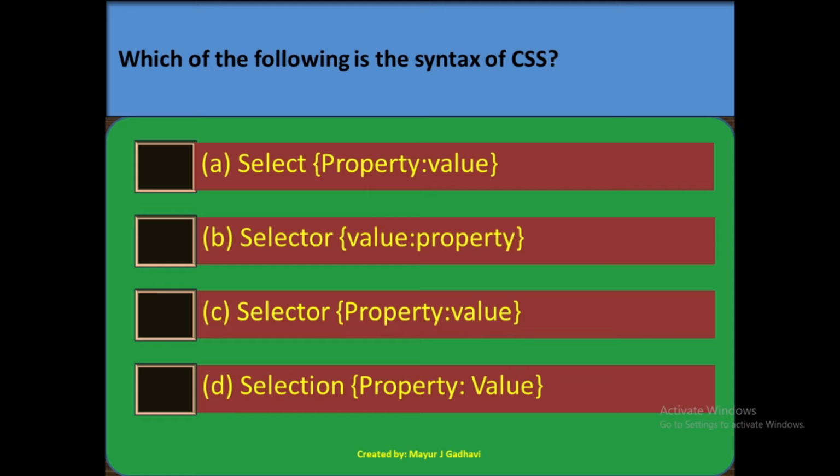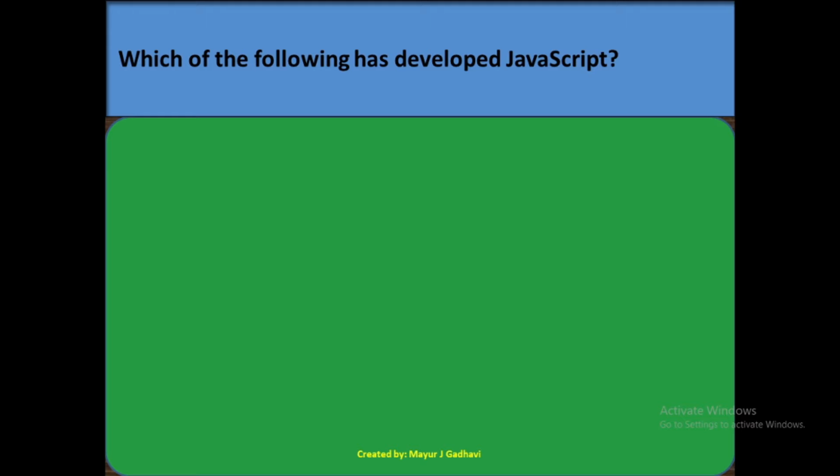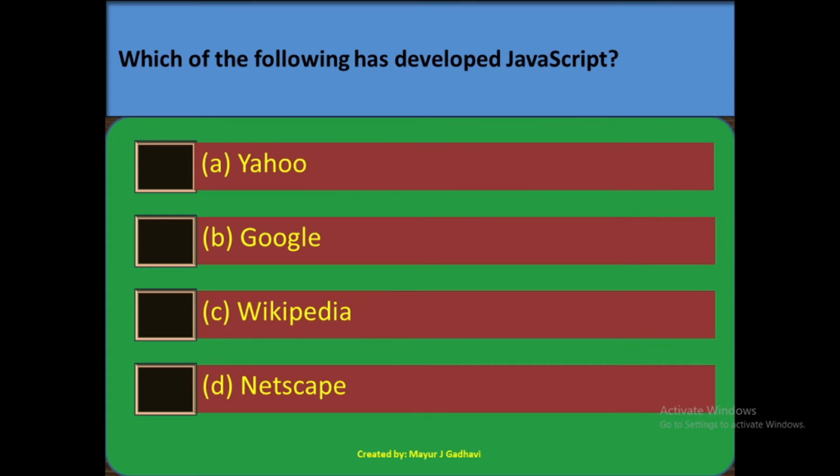Well, the correct answer is C, selector inside curly bracket property colon value. Which company has developed JavaScript? Well, the options are Yahoo, Google, Wikipedia and Netscape. The correct answer is Netscape.